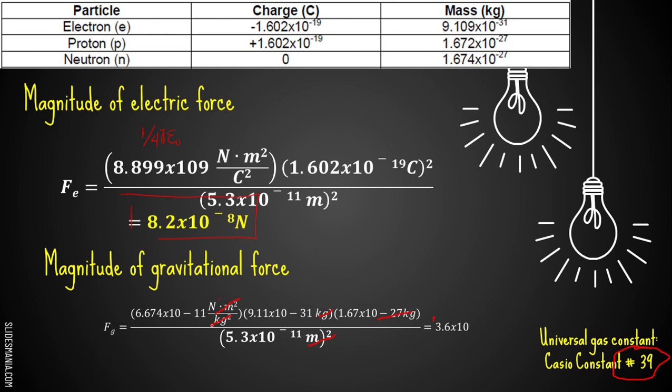So, times 10 raised to negative 44. Negative 44 Newton. So, yun yung answer natin. So, ganun lang kadali yung pag-compute sa Coulomb's law.